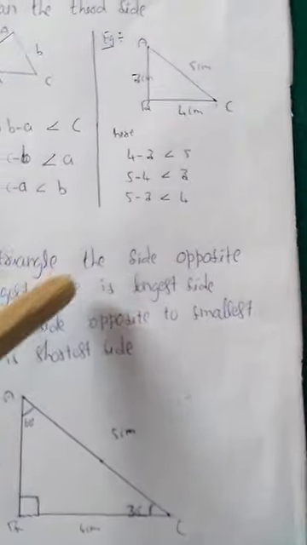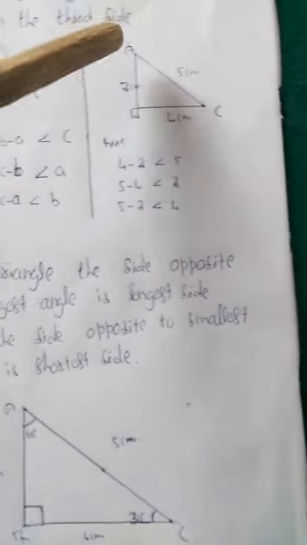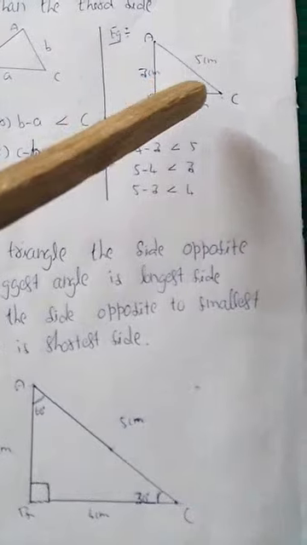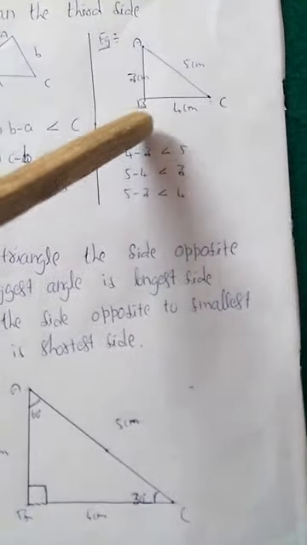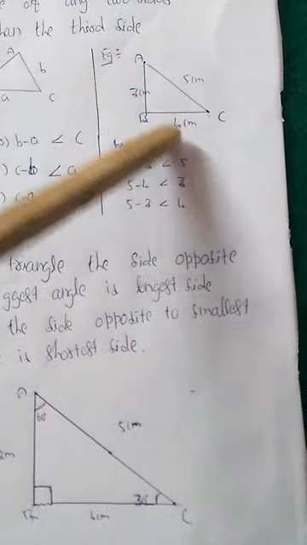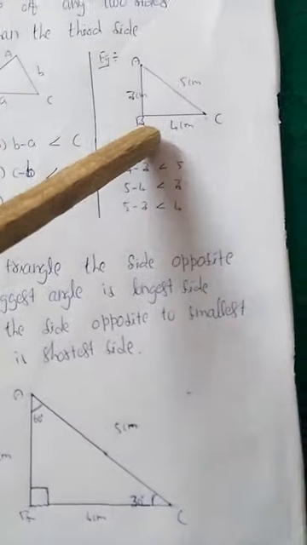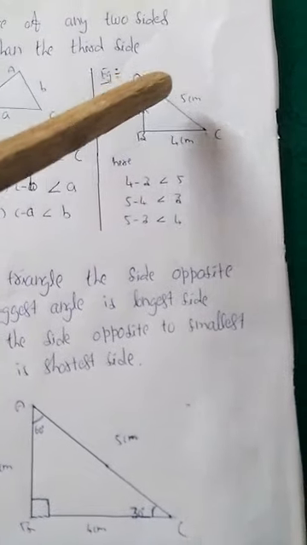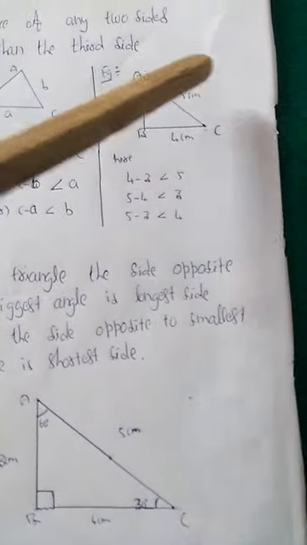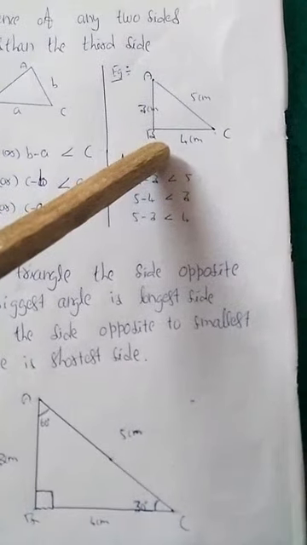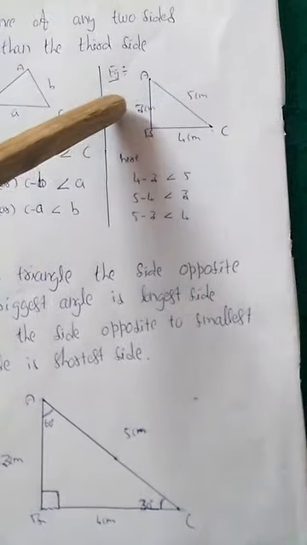See the example here. Here I have taken triangle ABC, whose sides are 3 centimeter, 4 centimeter, 5 centimeter. Now see, the difference between these two sides, 4 minus 3, we get 1. Clearly 1 is less than 5. Next, the difference between 5 minus 4 is 1 again, clearly less than the third side.